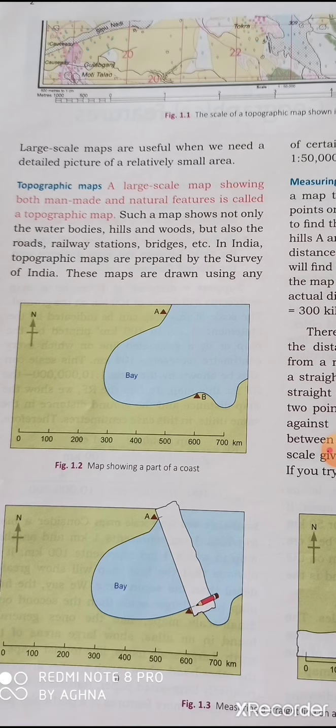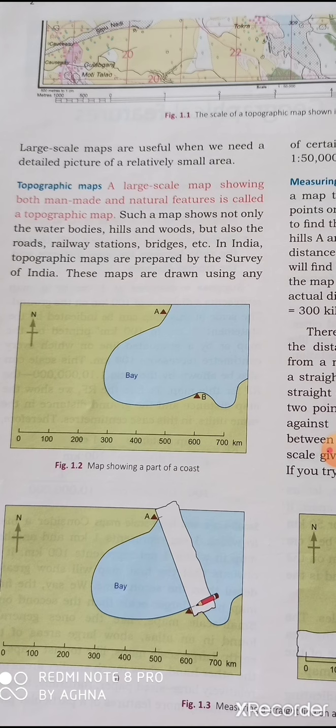You can place your ruler on A and B and mark it. The kilometers are given downside, so you can place your ruler there and find the answer.